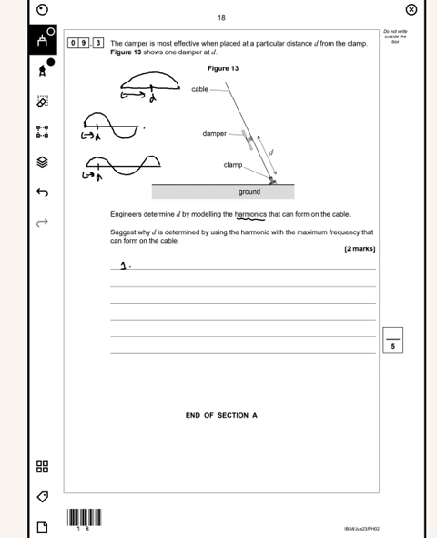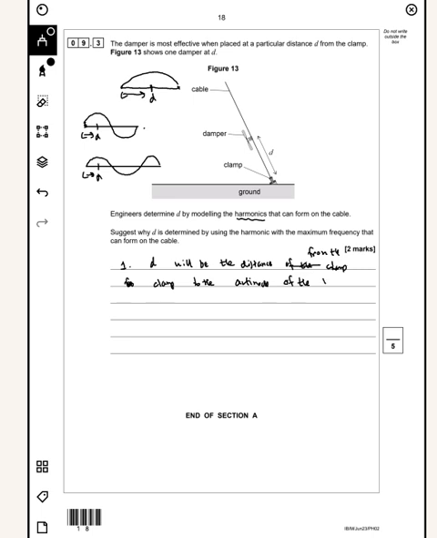Generally speaking, d will be the distance from the clamp to the antinode of the harmonic.